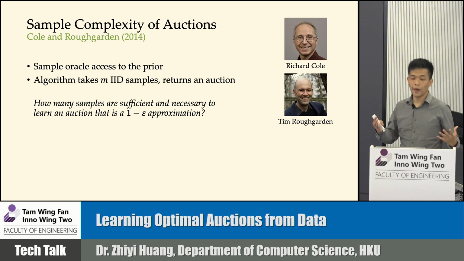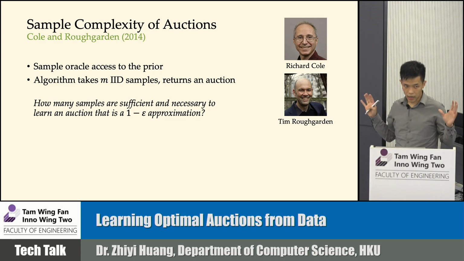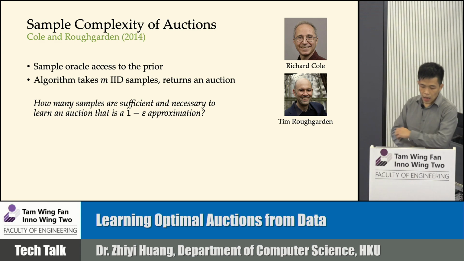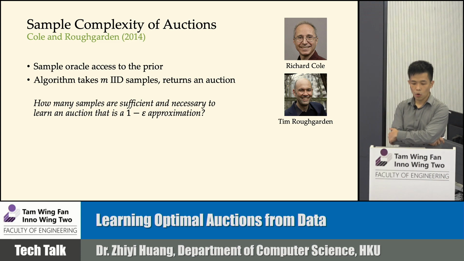Maybe similar bidders have bid for similar items in the past, and those can be viewed approximately as i.i.d. samples. This question was formulated by Richard Cole and Tim Roughgarden, and they basically ask how many samples are sufficient and necessary if I want to learn an auction that is, let's say, 99% optimal, or 1 minus epsilon optimal for any small parameter epsilon.